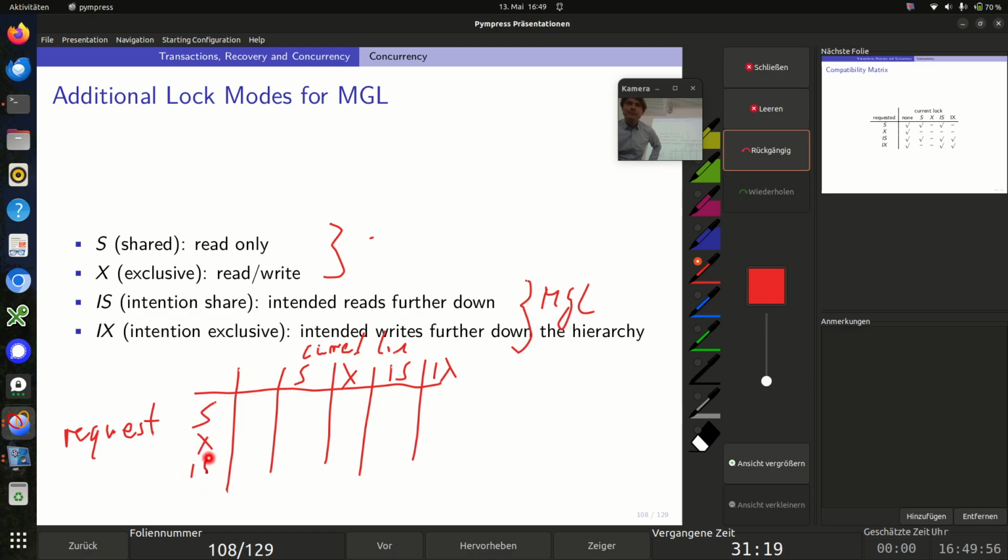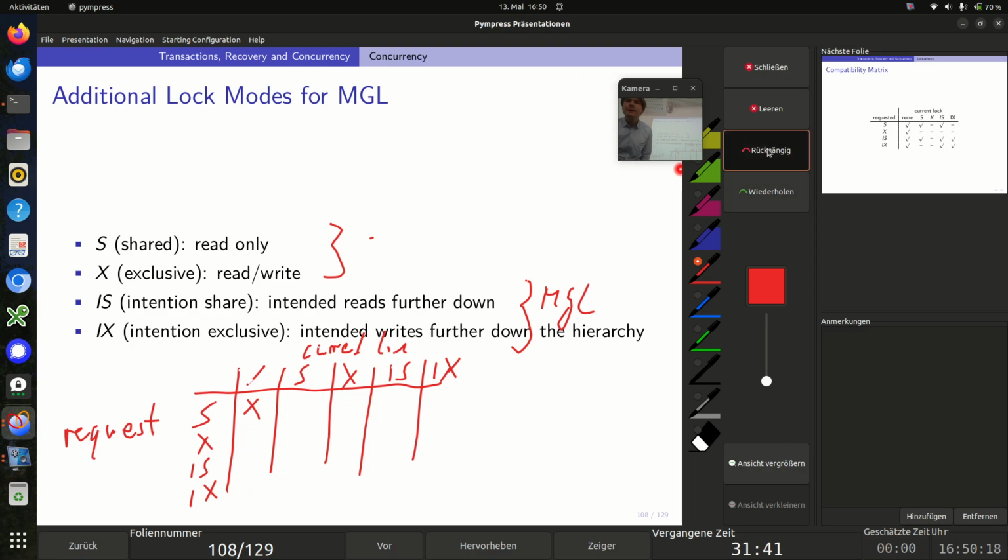So how is it compatible? If we do not have any lock, we can acquire every lock. So if there's no lock, we can have exclusive rights or shared or anything.